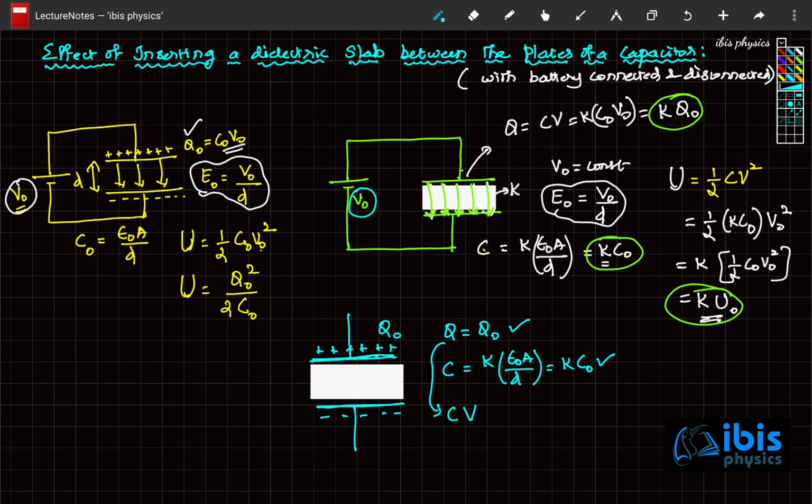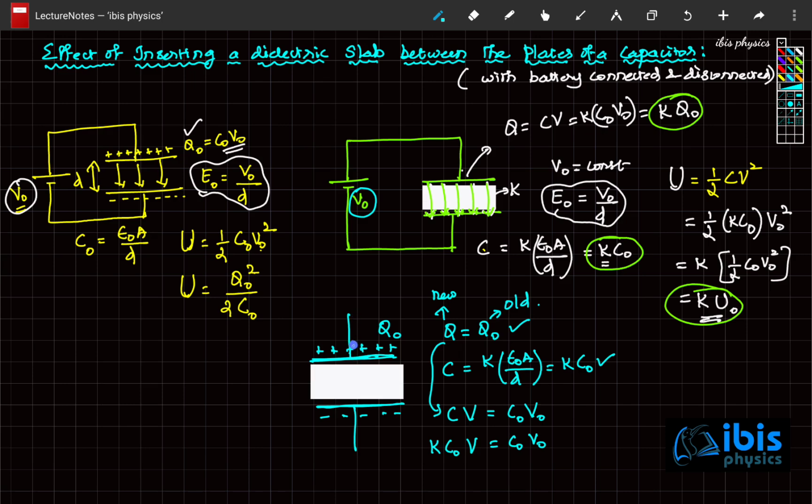And here Q naught is C naught V naught. But C is K times C naught. So K times C naught times V, which we don't know, equals C naught V naught. I have just substituted. I know that capacitance becomes K times C naught. The new charge after inserting the dielectric is equal to the old charge Q naught, because no charge is entering or leaving.